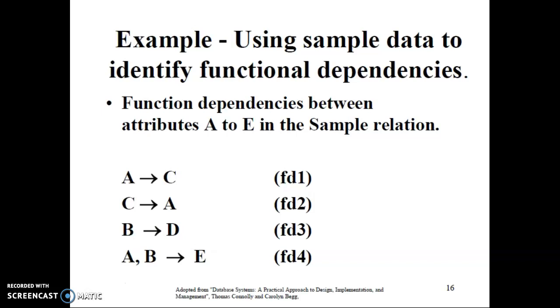Now we have to identify the primary key for this table from the determinants. That determinant must functionally determine the other attributes in the relation.